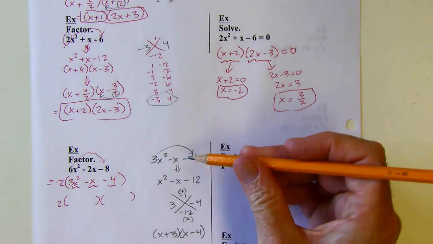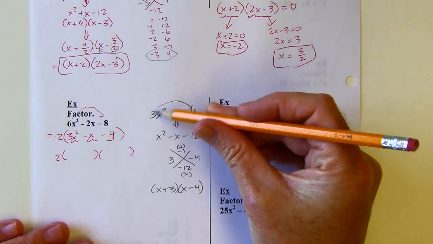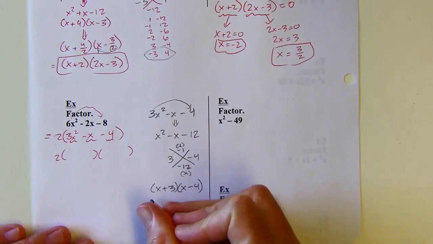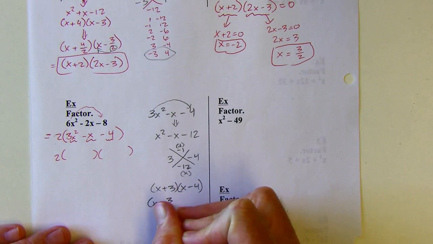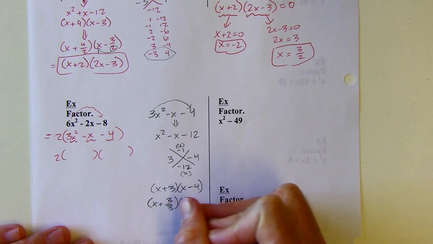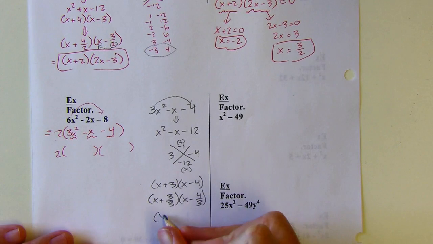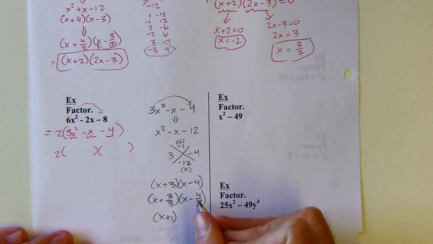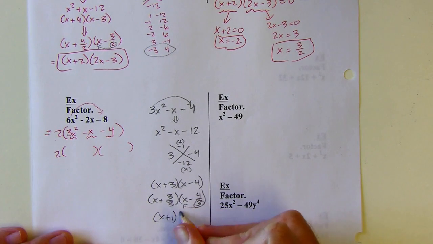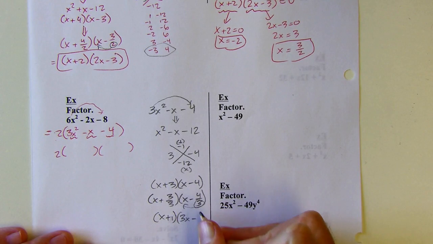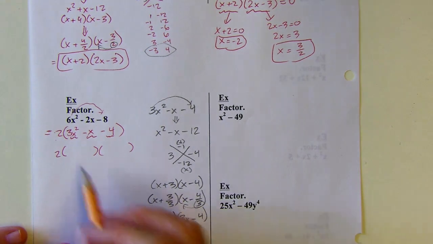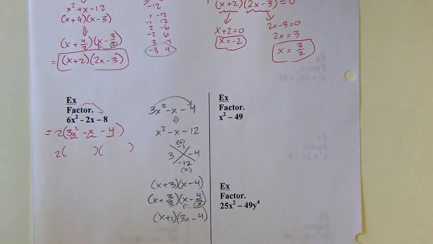But I have to undo what I did at the beginning. In the beginning, I multiplied by 3. I want to do the opposite of that now. I'm going to divide by 3. I'll reduce as much as I can. This one I can't reduce any further, so I'll pull the 3 out in front of the x. The 4 falls to the ground. So that is what that second trinomial factors to.